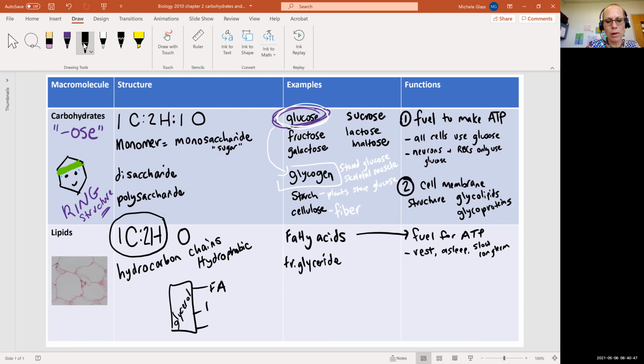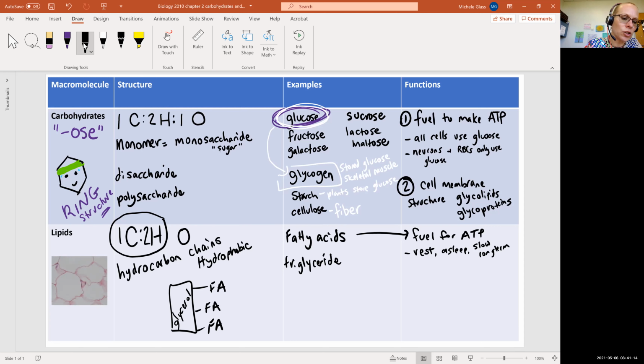I'm going to abbreviate FA for fatty acid. If you have a diglyceride, that would just be 2 fatty acids paired to the glycerol. If you have a monoglyceride, that would just be 1. So you can collectively call all of these molecules glycerides if you want. I'm going to put it back into the triglyceride with the 3 fatty acids.